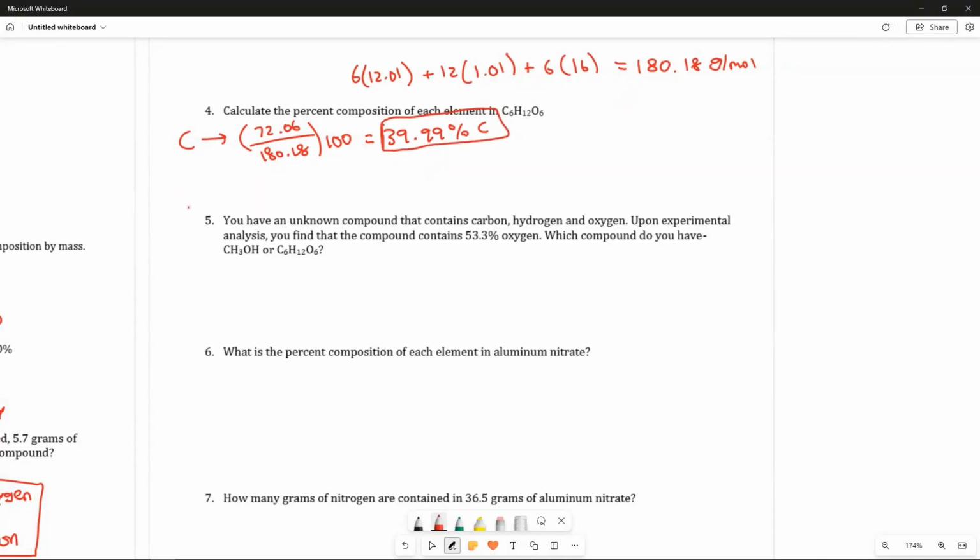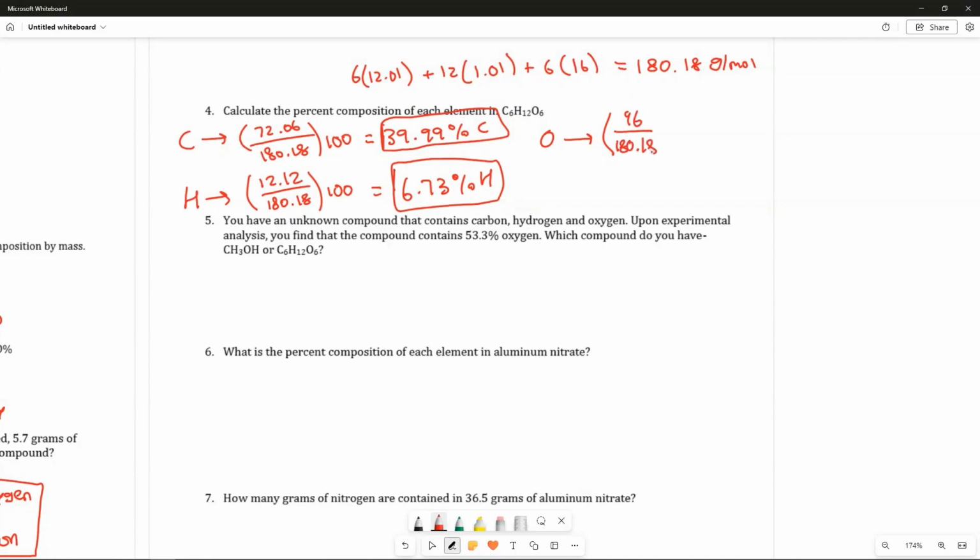So H, we have 12 times 1.01, which is 12.12 over 180.18 times 100, which will give us 6.73% hydrogen. Oxygen will give us 6 times 16, which is 96, over 180.18 times 100, which will give us around 53.28.